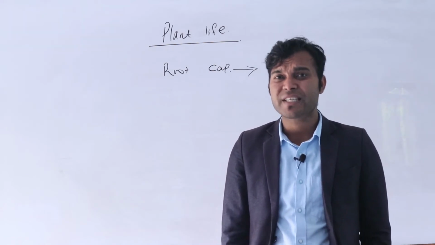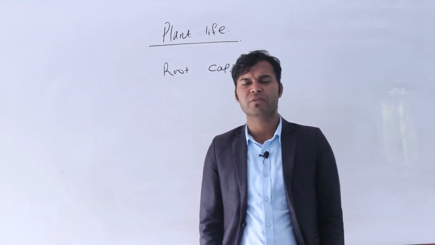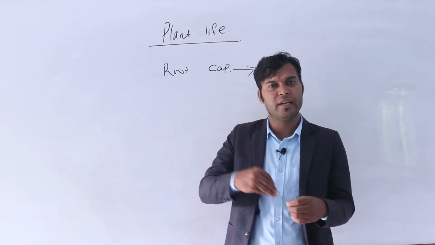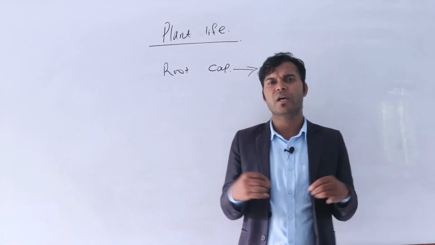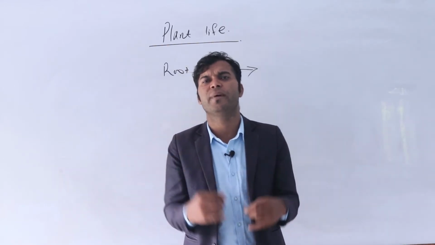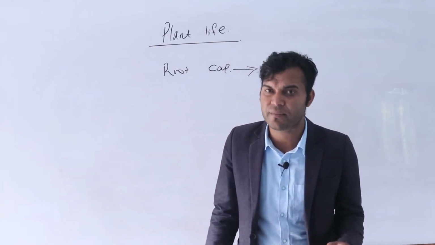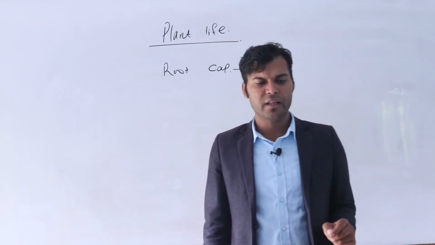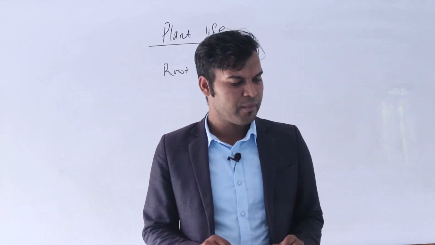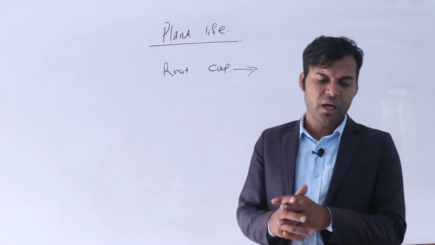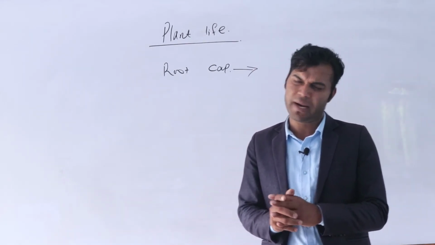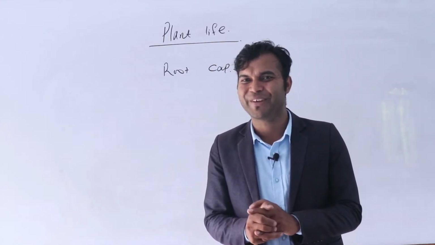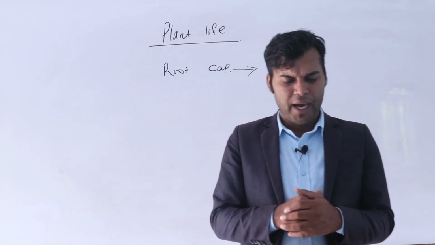Just like branches, the tap root system contains a main root, and many other roots are connected to this main root, so this type of root system is called the tap root system, isn't it? Okay, plants like pea, beans, mustard, etc. have the tap root system.